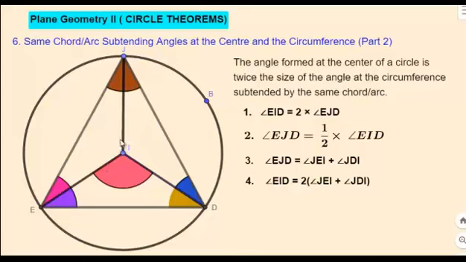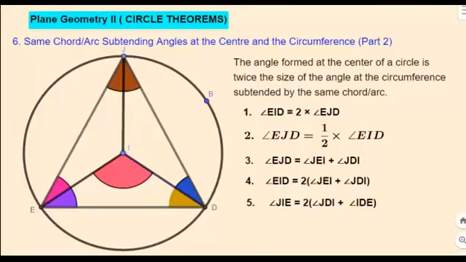This means that angle JIE is equal to summing these 2 angles and multiplying their sum by 2. So we get angle JIE is equal to 2 times bracket open angle JDI plus angle IDE bracket close, and that is what you see here.